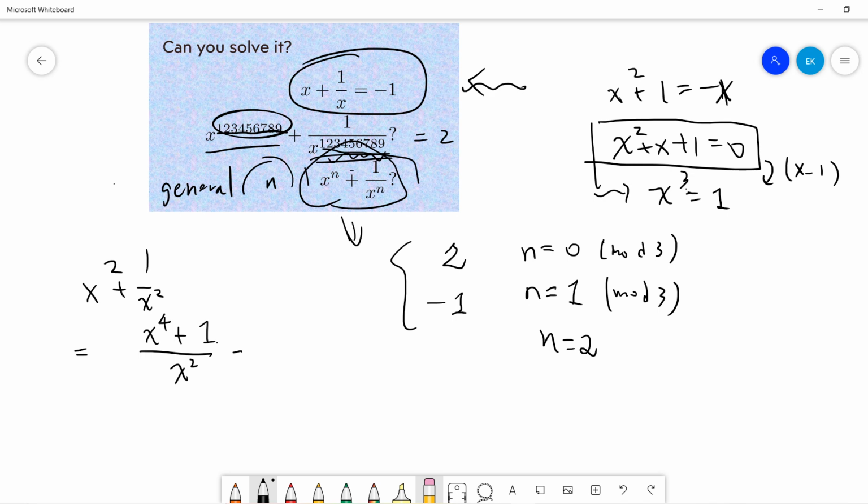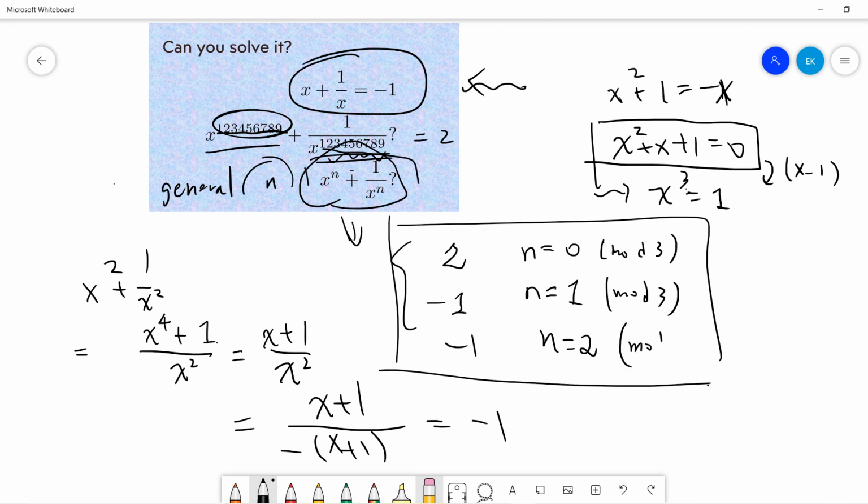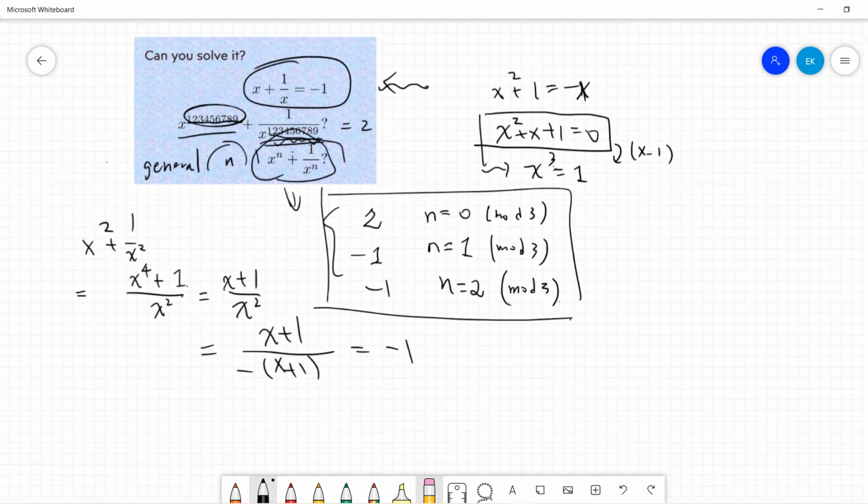But still notice that since x cubed is 1, I can write it as this, right? And x squared is minus x plus 1, right? Which is -1, right? Yeah. So this is the first way, just using this.